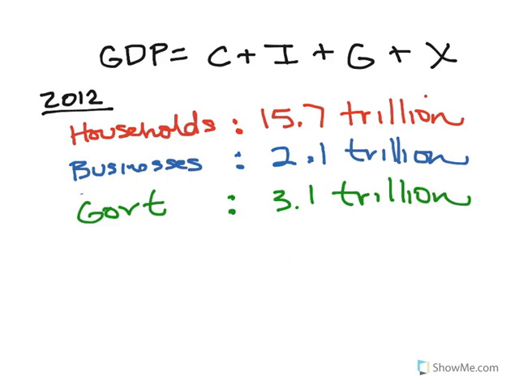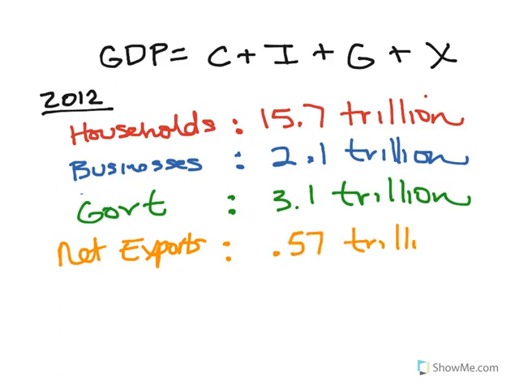And then, of course, we have to look at our net exports. In other words, the difference between the value that we exported versus the value that we imported. And so that actually has a negative value. That's about 0.57 trillion, or $570 billion.